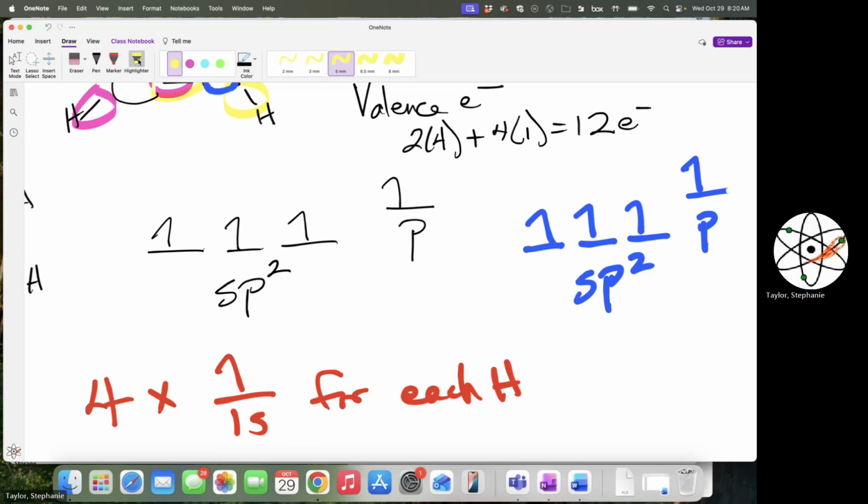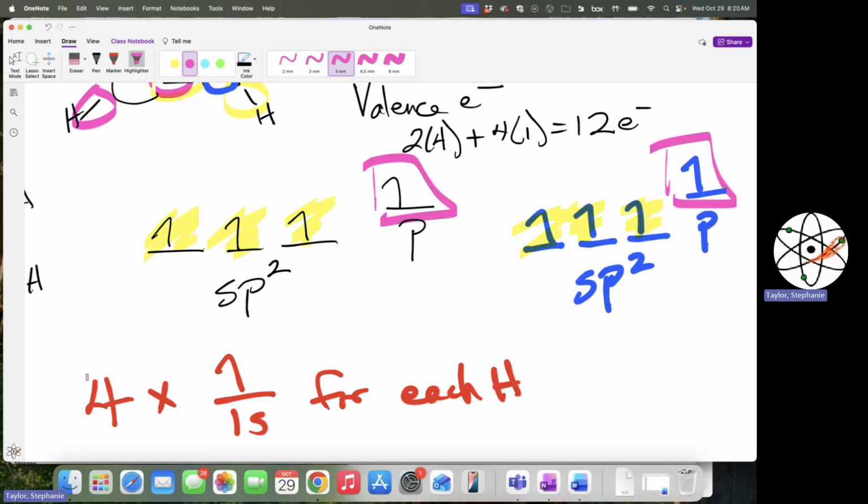So I have 1, 2, 3, 4, 5, 6 in hybrid orbitals. And then I have 1, 2, 3, 4, 5, 6 in unhybridized orbitals, because I've got these guys.